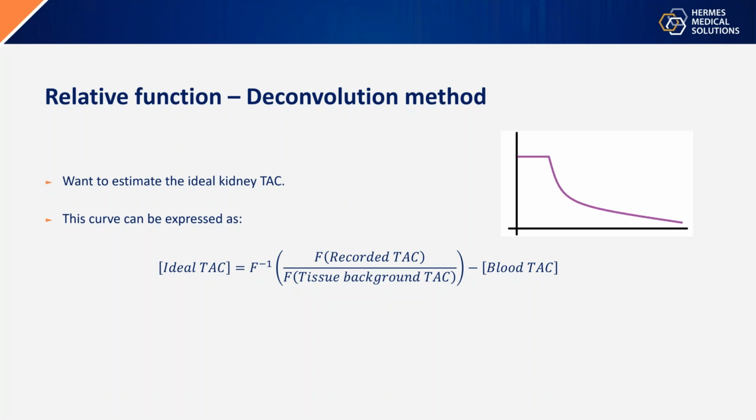So the ideal time activity curve can be solved with the equation you see on the screen here, which is a deceptively complicated one. The capital F's are Fourier transforms, and the F-1 is the inverse Fourier transform. So this is a non-trivial problem.